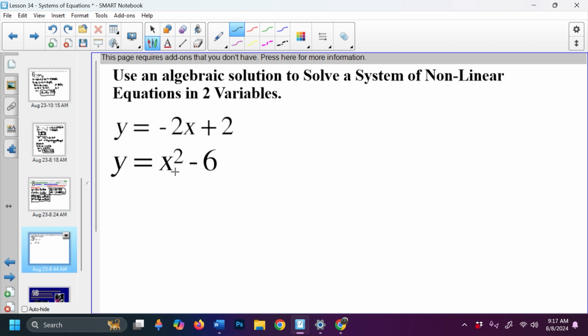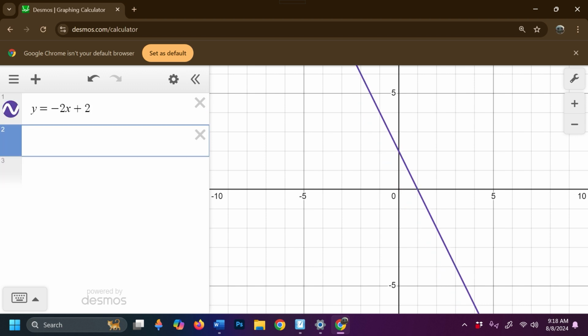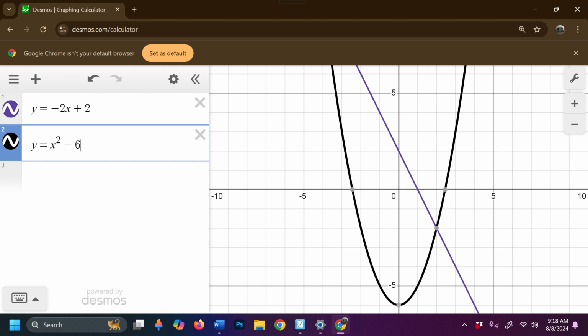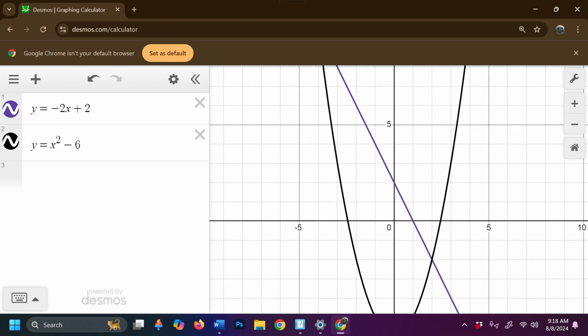So just to visualize, let's go over to Desmos and type these equations in. I have y equals negative 2x plus 2. And then I have y equals x squared minus 6. And if I look at this, clearly I have 2 points of intersection.